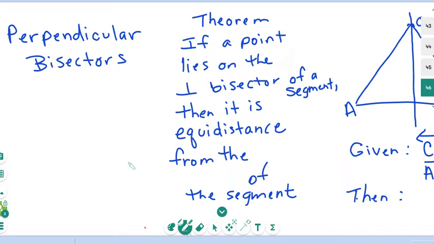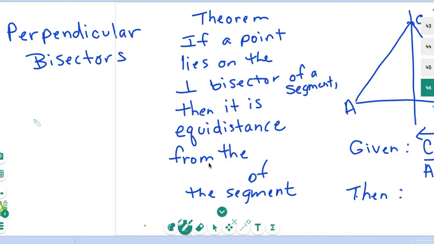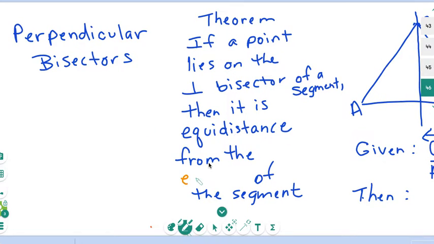We're going to work with perpendicular bisectors. The perpendicular bisector theorem says if a point lies on the perpendicular bisector of a segment, then it is equidistant from the endpoints of the segment.